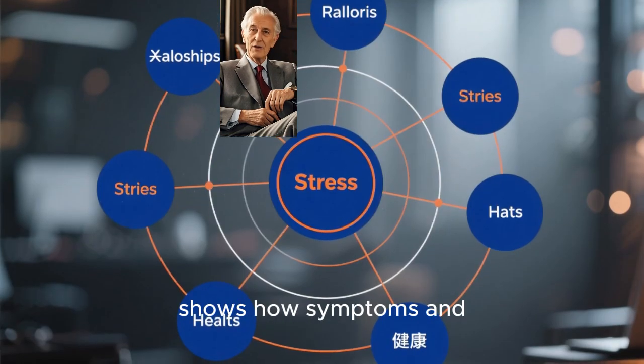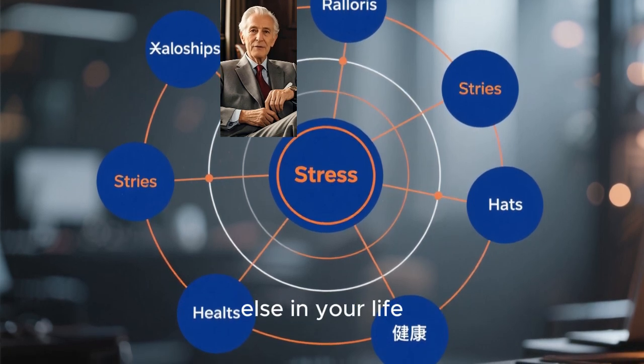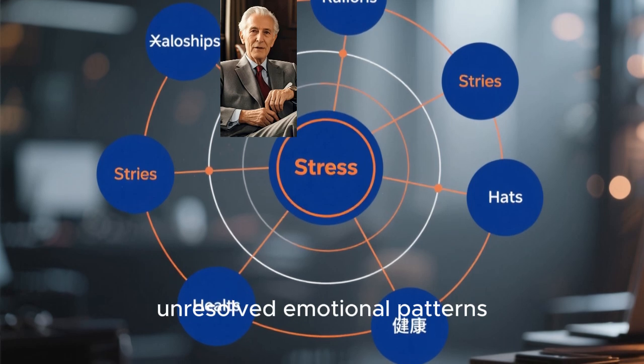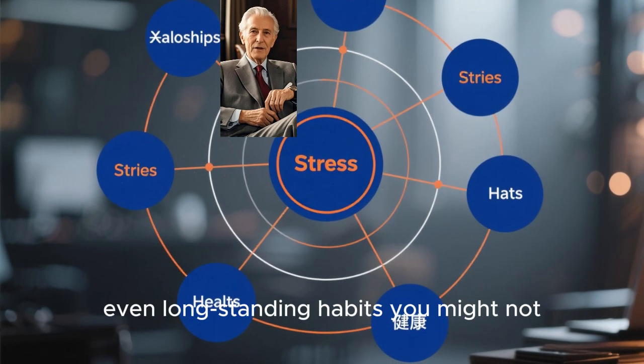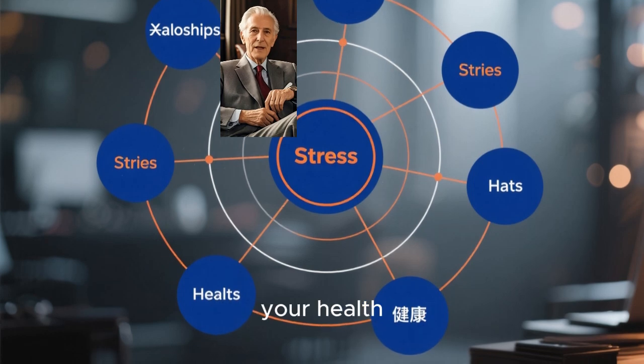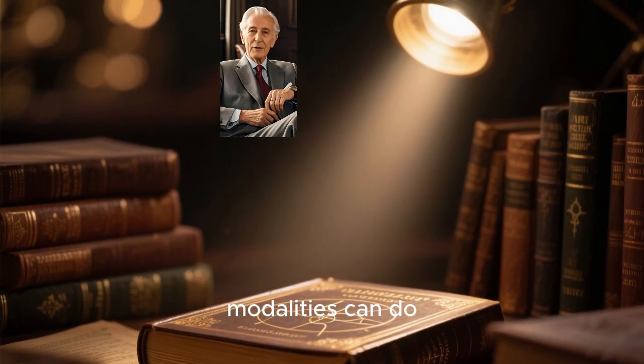Medical astrology shows how symptoms and illnesses are connected to everything else in your life: relationships, career stress, unresolved emotional patterns, even long-standing habits you might not realize are affecting your health. That's something very few modalities can do.